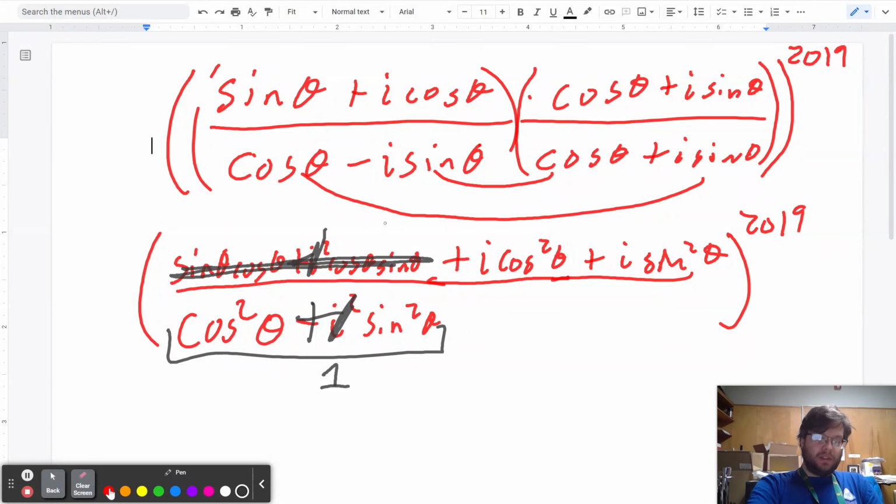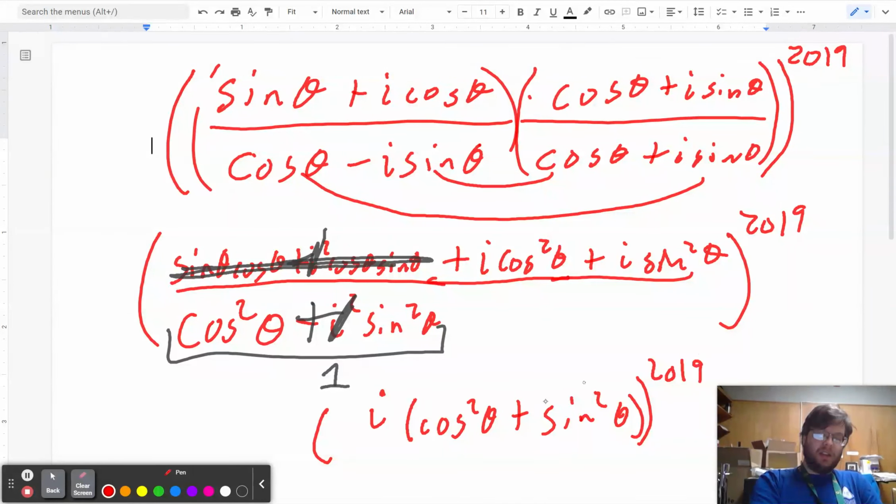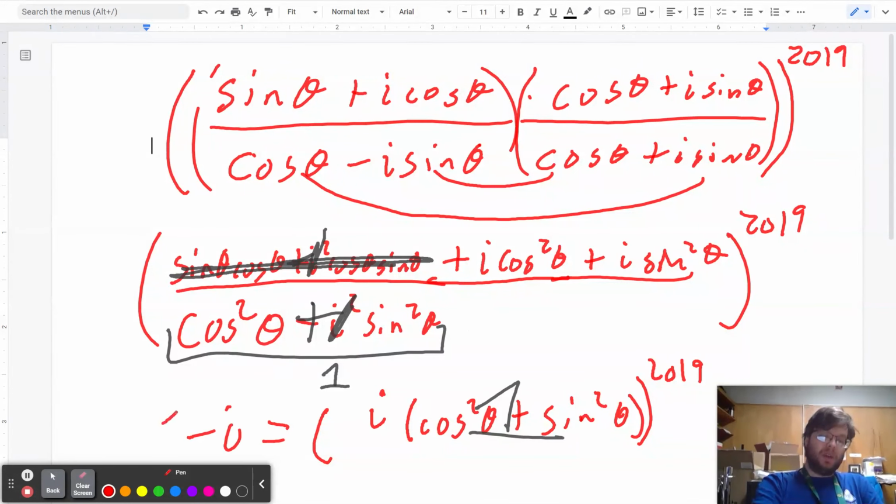So what do I have left over? I've got i times cosine squared theta plus sine squared theta, which is another example of 1. So I have i times 1 raised to the 2019, which we just talked about a couple seconds ago, was negative i. Same answer as before.